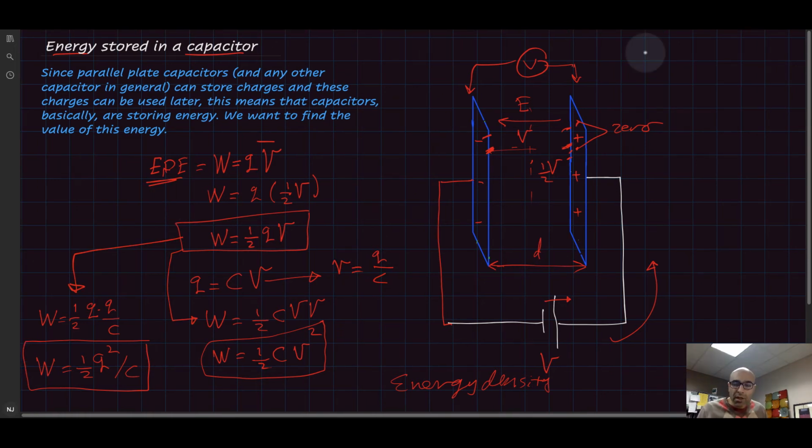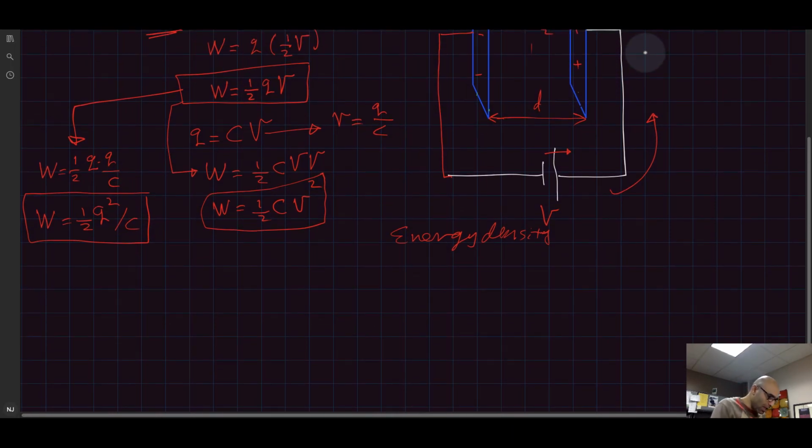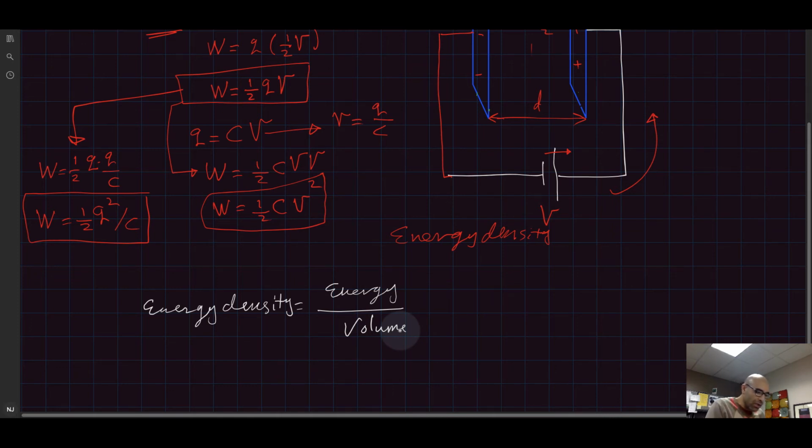So now let's look into the energy density. The energy density, I'm going to write it down here, is basically the energy the capacitor can have per volume. All right? Now, let's take this equation for example.